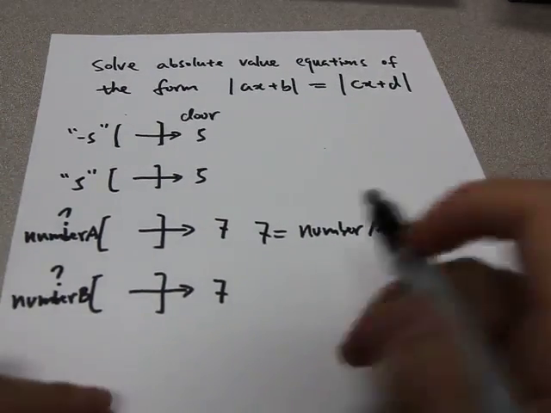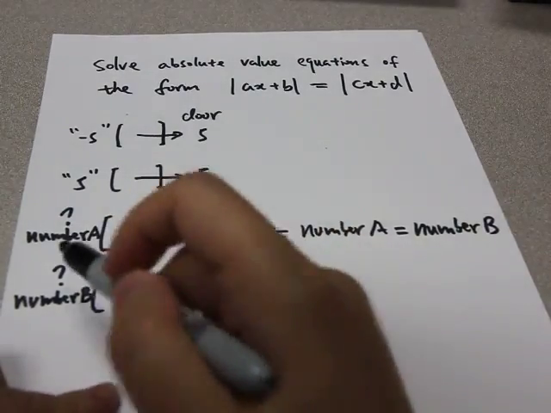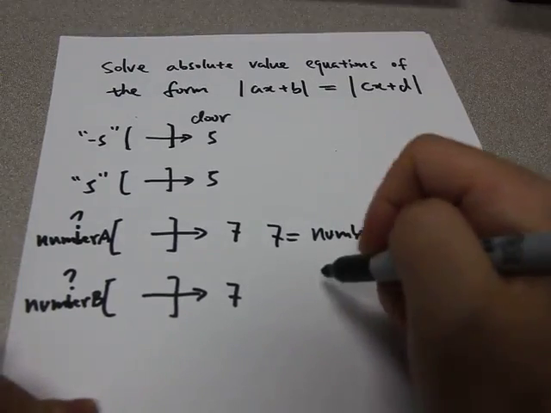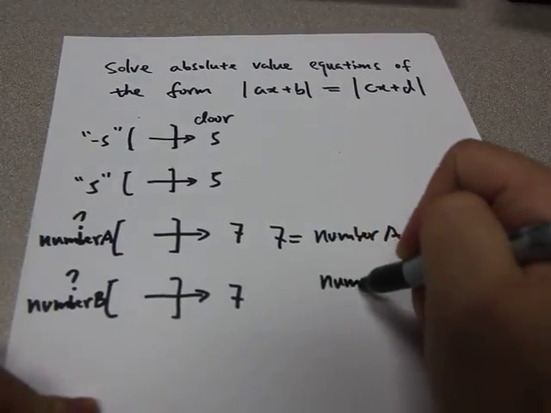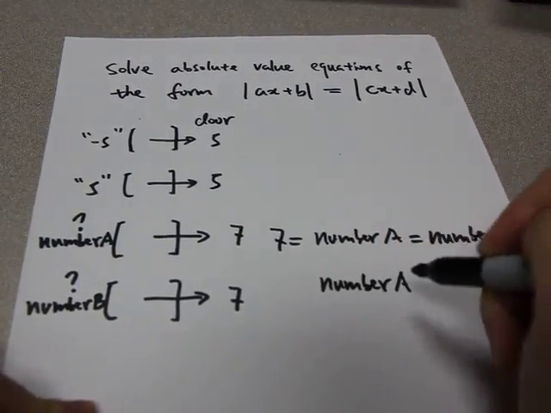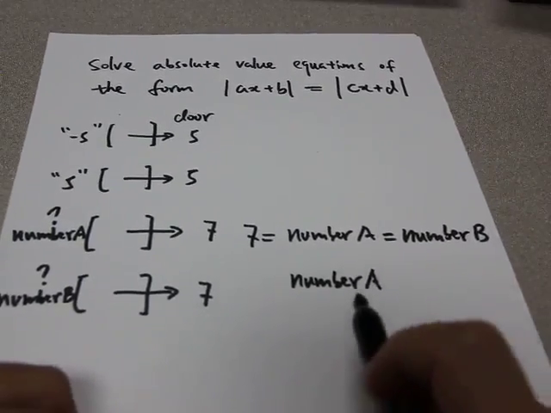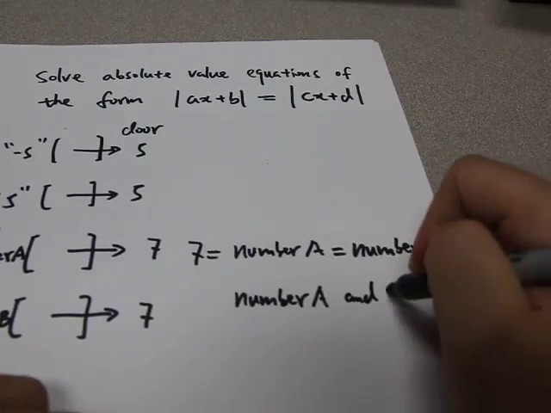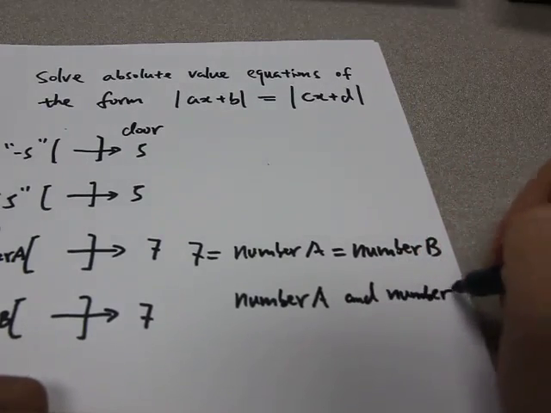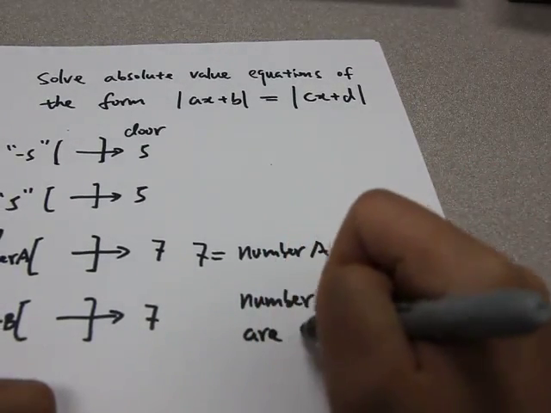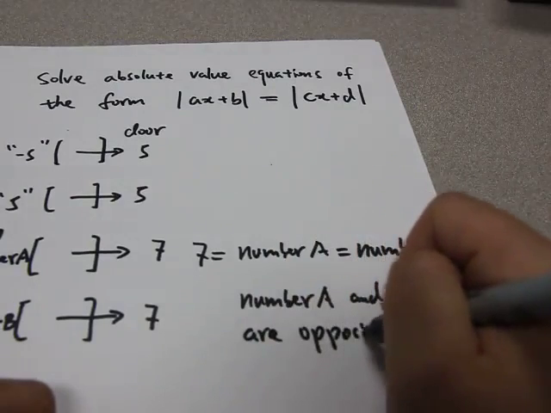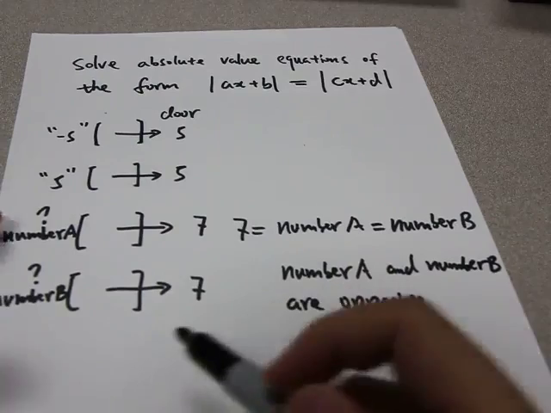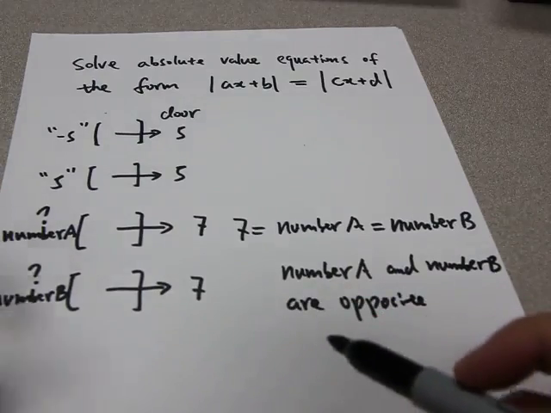Another possibility is one of them is a negative 7. If one of them is a negative 7, that means these two numbers are opposite. So number A and number B are opposite.